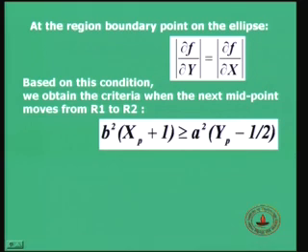We find out whether the next midpoint satisfies the condition; otherwise we carry on in region R1. If this condition is satisfied, then we have moved on to region R2.